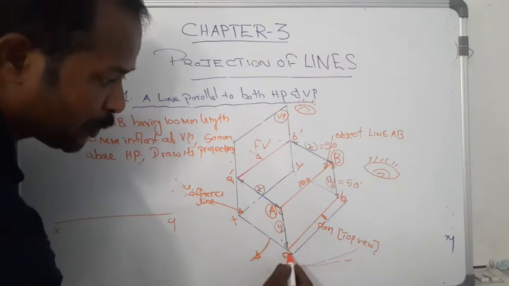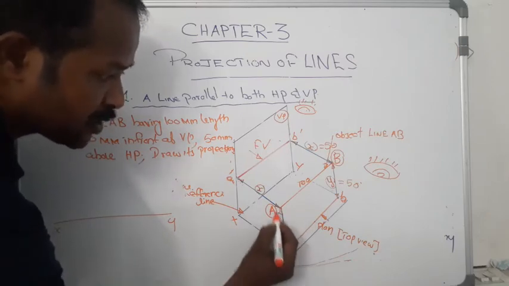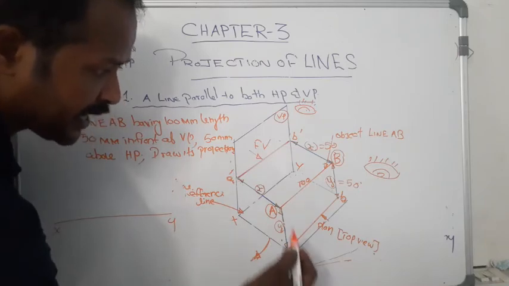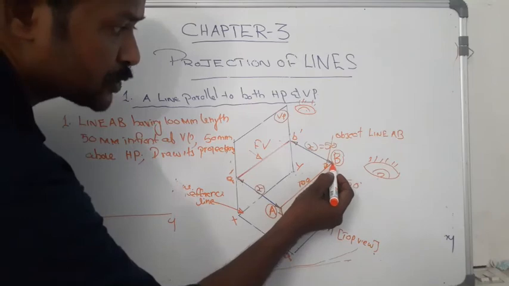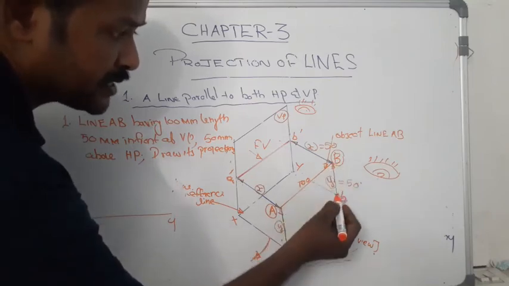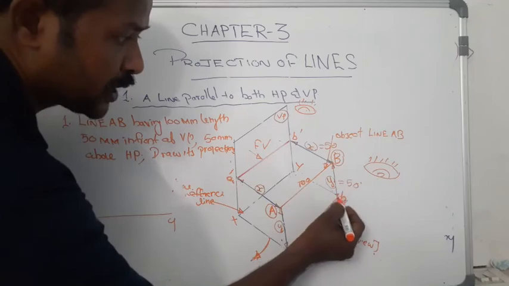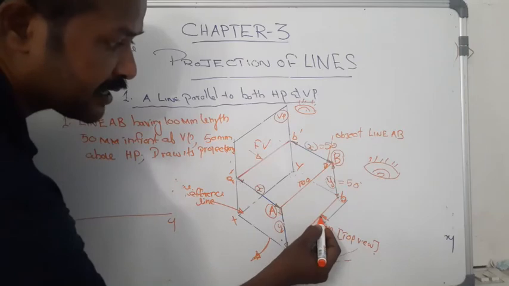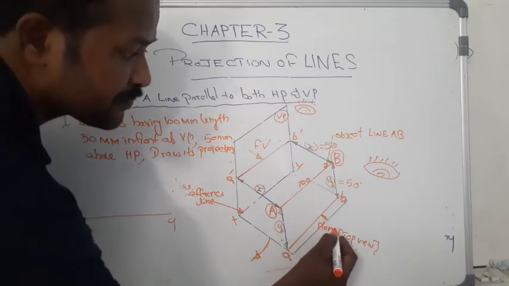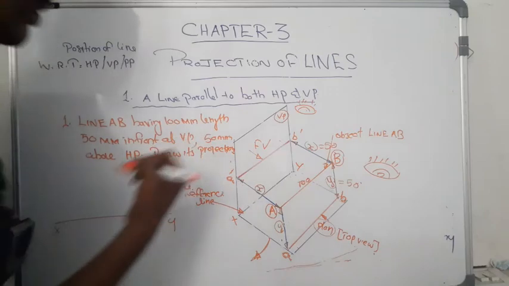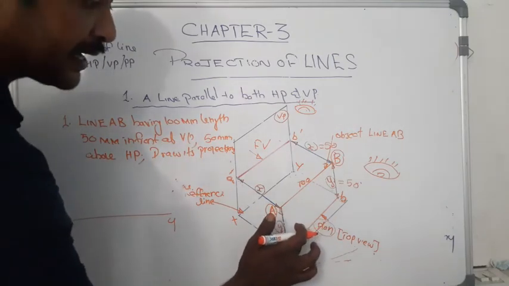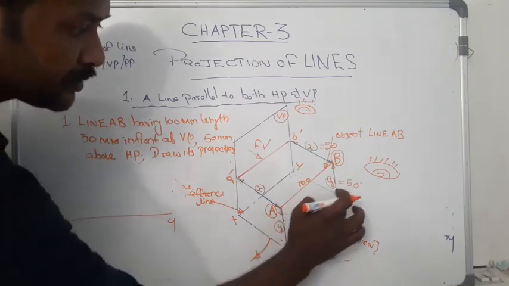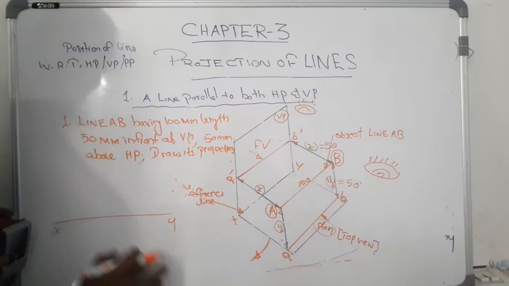We get a point here, that is our image of end point A. Similarly, we can project B, whose image is represented by small letter b. Now connecting a and b using a straight line, that image is represented as the plan. This is our top view. After projecting this plan, the HP is rotated clockwise, and then AB comes below the XY line.